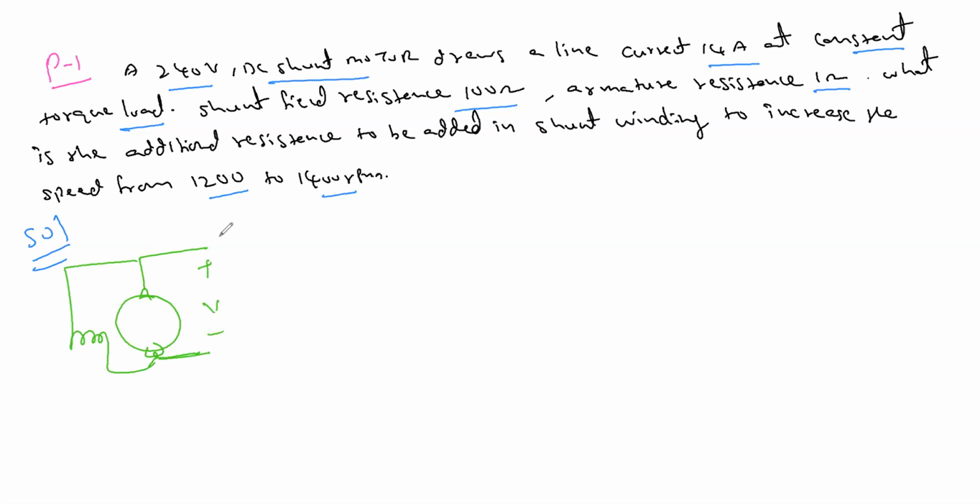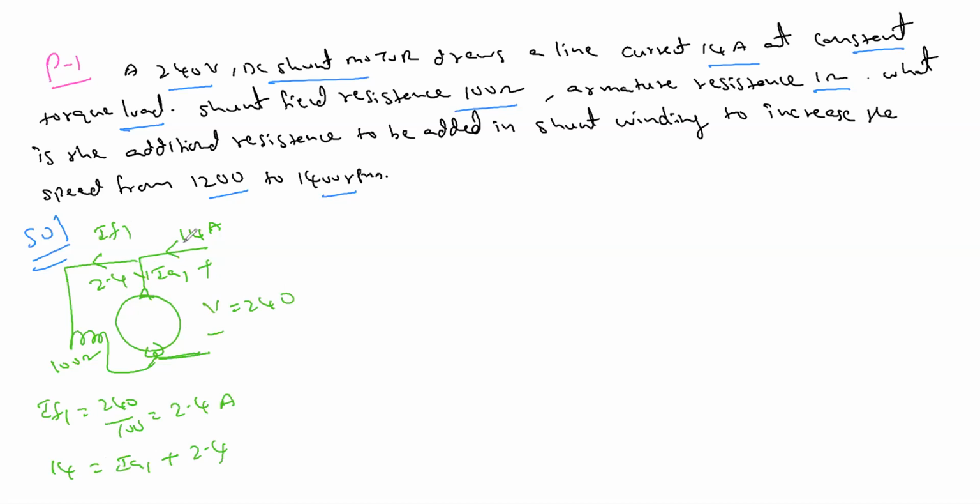Shunt motor. Then field resistance. So now this is IF1. IF1 is 240 by 100, 2.4 A. ये वाला 2.4 हुआ तो ये वाला कितना होगा, IA1? 14, which is equal to IA1 plus 2.4.